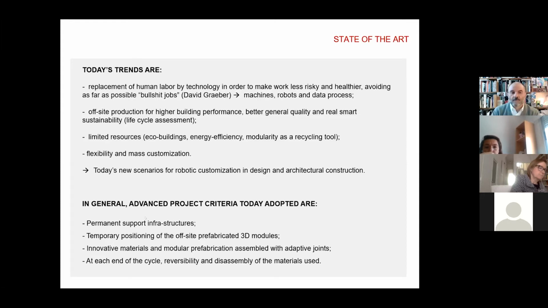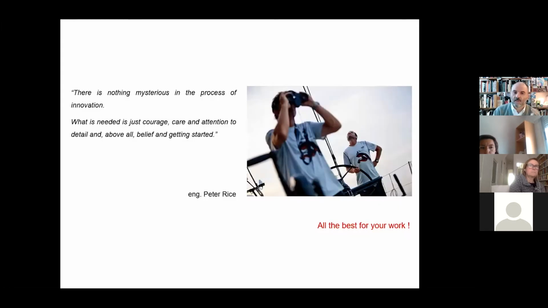So in general: permanent superstructure, temporary position of site, 3D prefabricated, innovative material, and taking care of the life cycle assessment of the entire process of the building, that is not only the design process and the building process, but including the life and the end of life of the building itself.